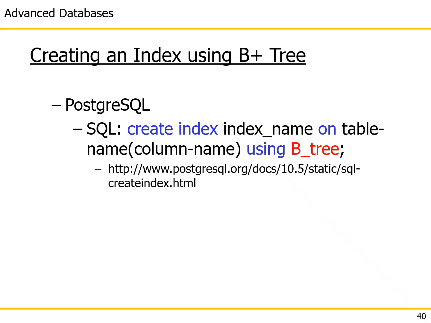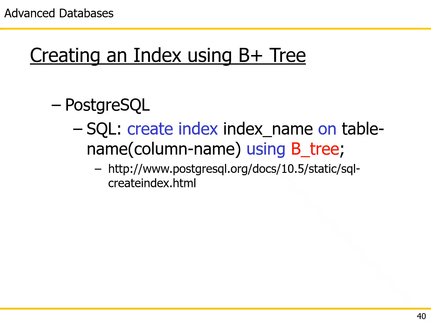And I already mentioned that last time when I was explaining the BRIN index, that in Postgres, the way you do it is you use the keyword using, and then you specify the name of the index type. So in Postgres you would say using B_tree.